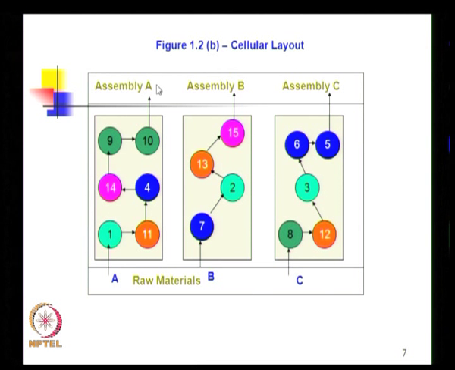Now, the assembly A indicates that A finishes all of these and these parts finish and they go to assembly, but the manufacturing cell is restricted to these 6 machines.